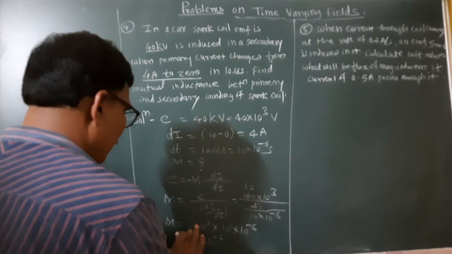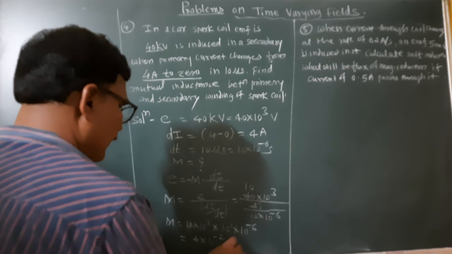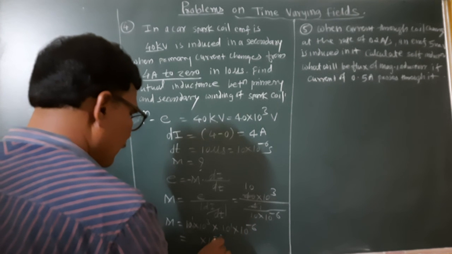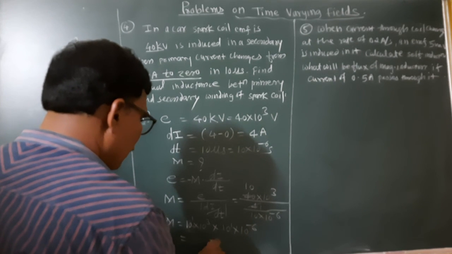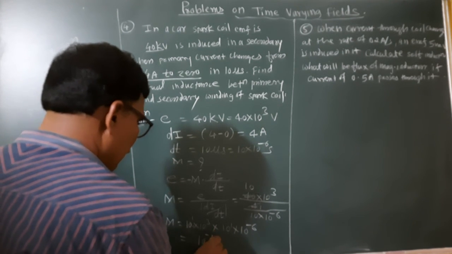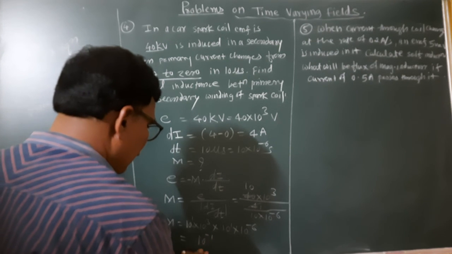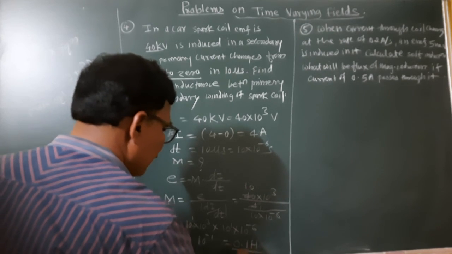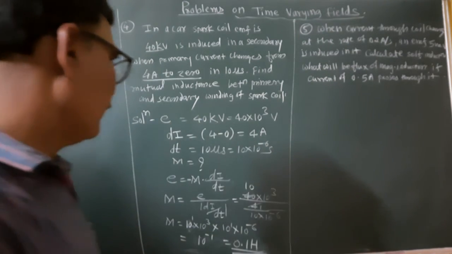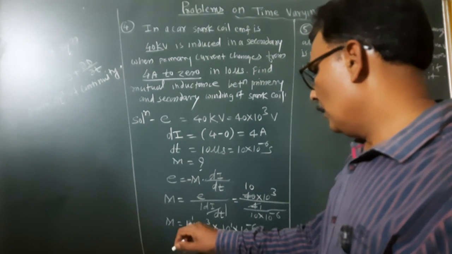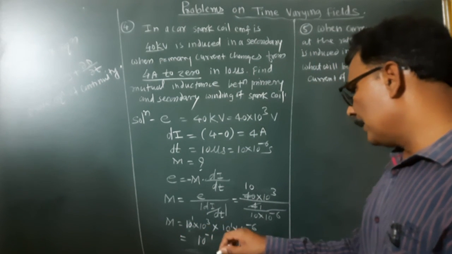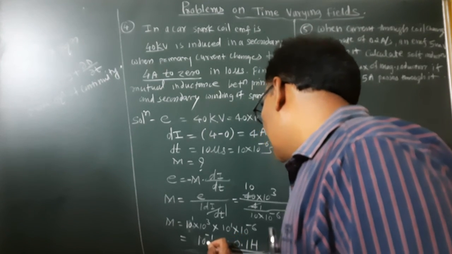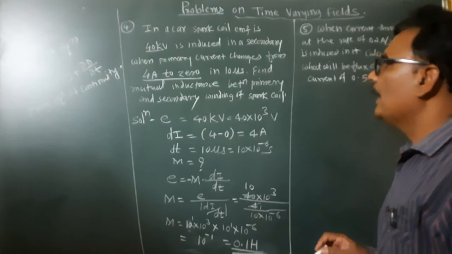Here also we have 10. Finally this is 10 to the power minus 1, which means 0.1 Henry. This is the answer, right? 3 plus 1 is 4, plus 1 is 5; 10 to the power minus 1 is nothing but 1 by 10, and 1 by 10 is 0.1 Henry.